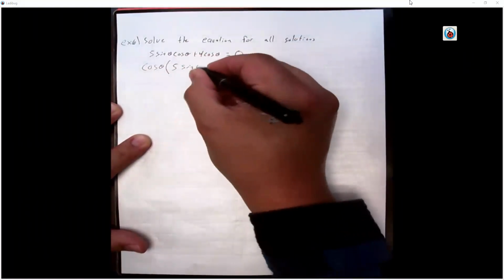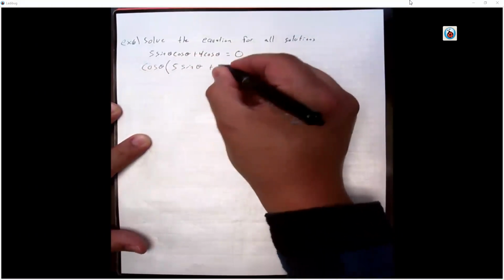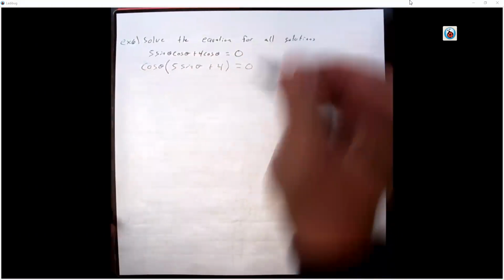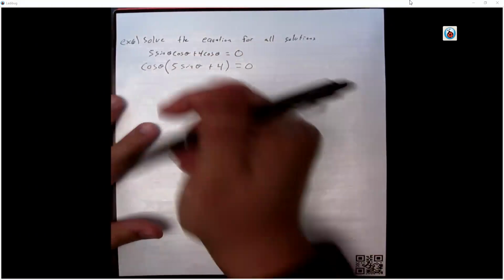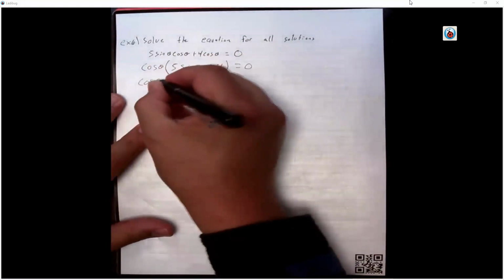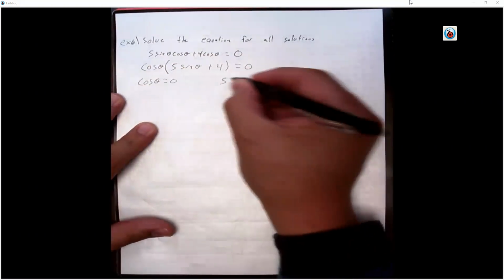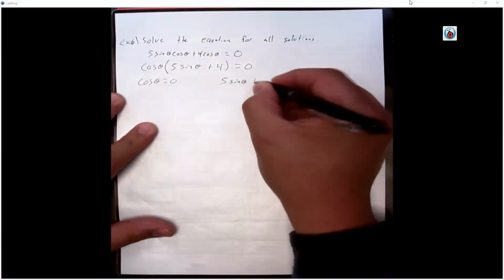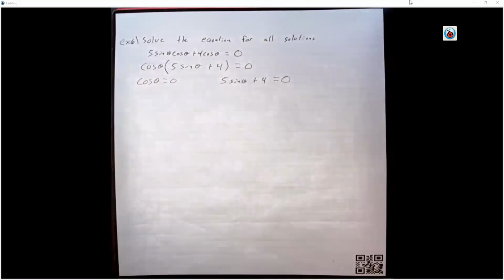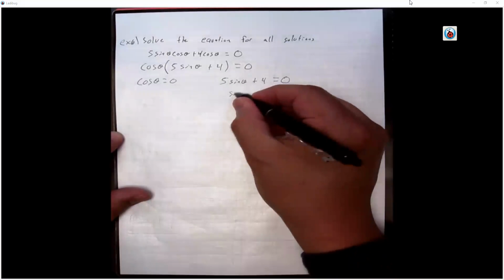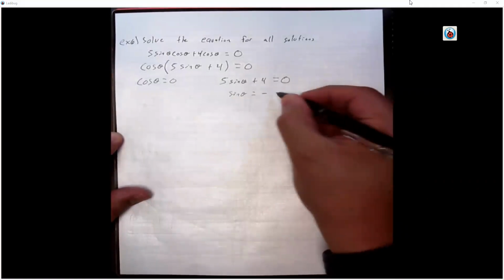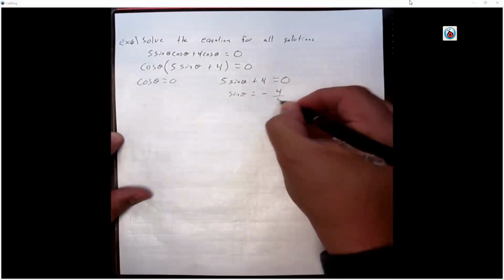So factor the cosine, and now we have a product equal to 0, which means you can set the first piece to 0 and the second piece to 0. Okay. Isolate sine, and you're going to get sine theta equal to -4/5.